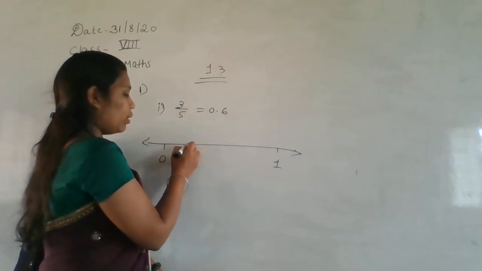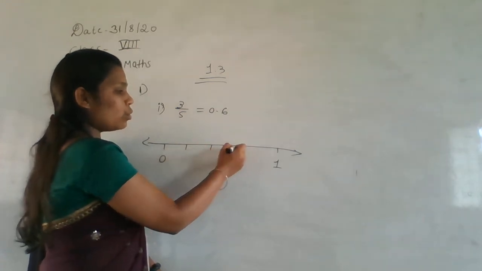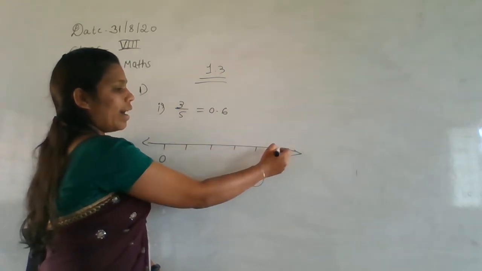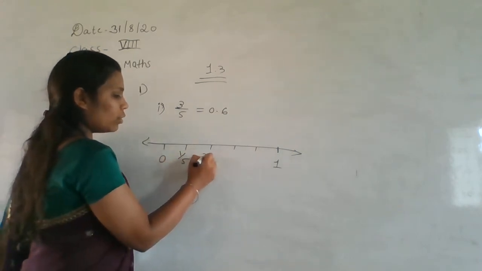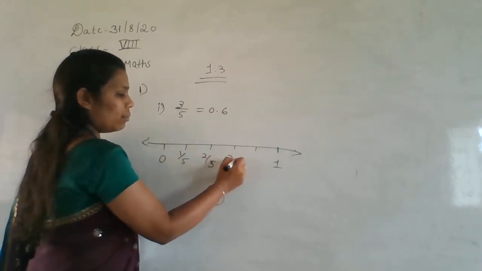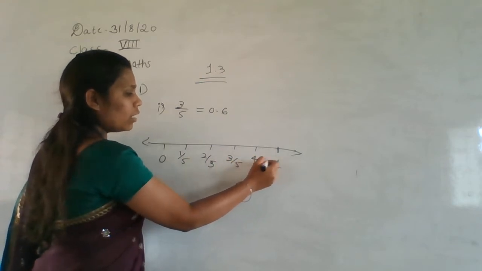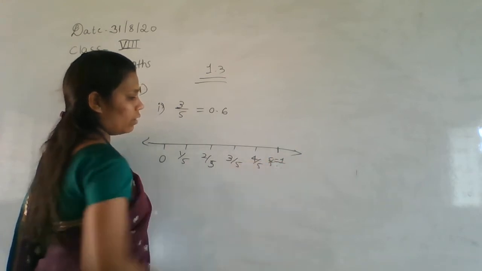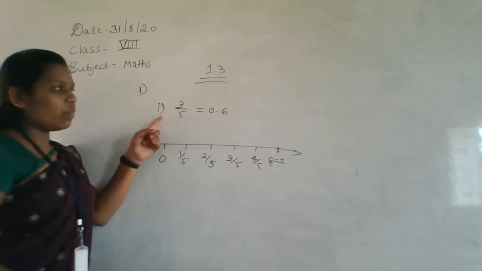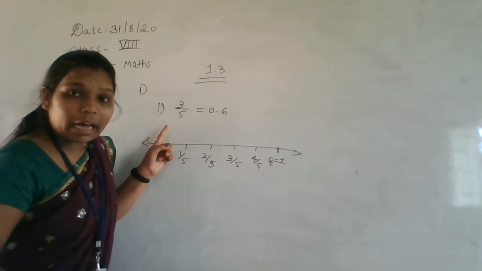Okay. So now I am doing that. 1, 2, 3, 4 and this one 5. Okay. Now give the numbers. 1 by 5, 2 by 5, 3 by 5, 4 by 5 and this is 5 by 5, which is equal to 1. Okay. So which number do we want here? That is 3 by 5.